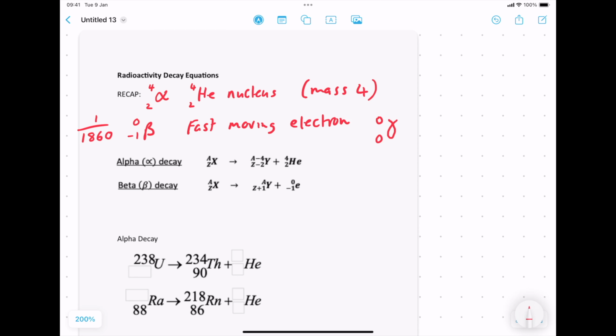So these equations here just summarize what happens to the nucleus of a radioactive isotope when an alpha particle is given out and when a beta particle is given out.